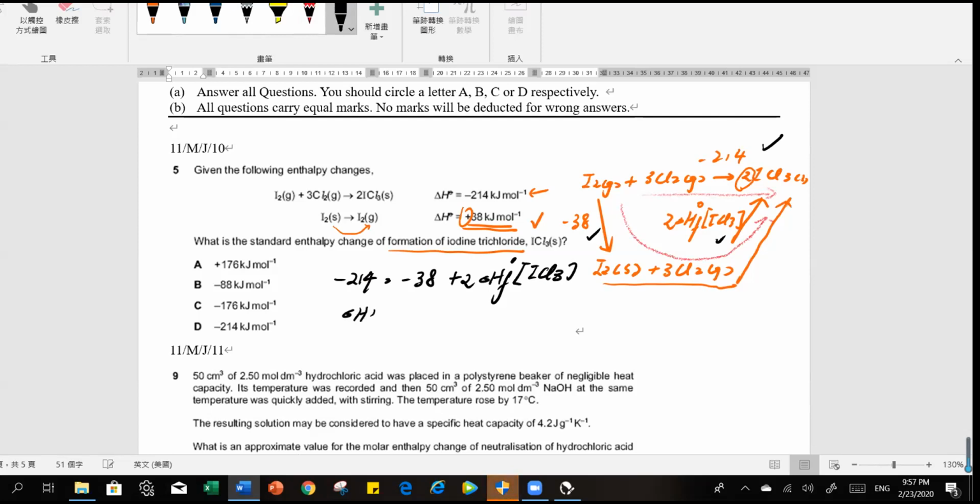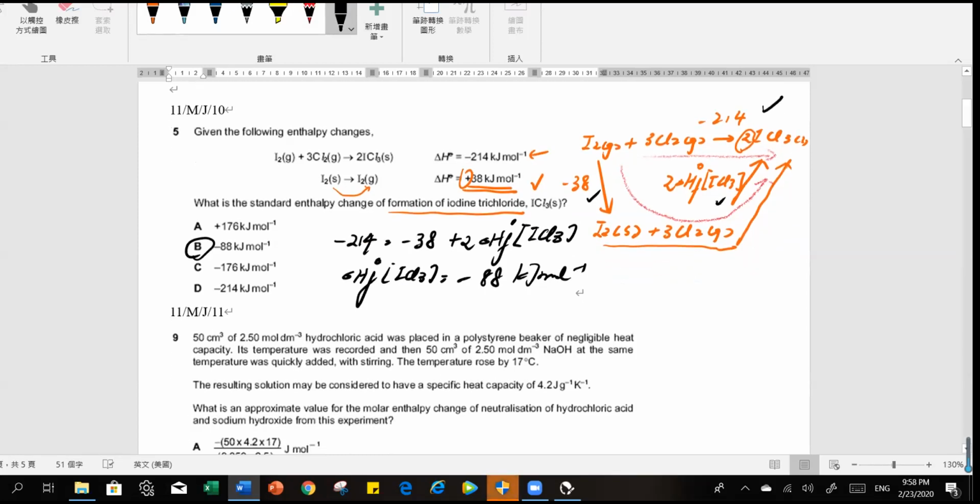So it will be negative 88. Okay, the answer is B.